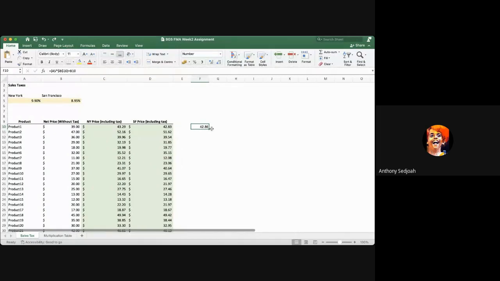Am I right? Yes, please. Okay, so now let's calculate the tax from the 42.86. So the tax amount will be this times this, 4.24. Is that fine? Yes, please. Now let's calculate the price without tax. You see, you didn't get 39.